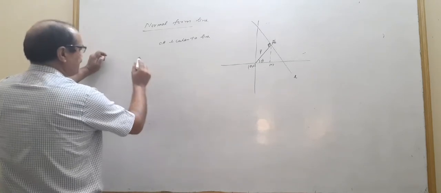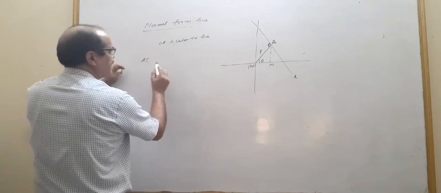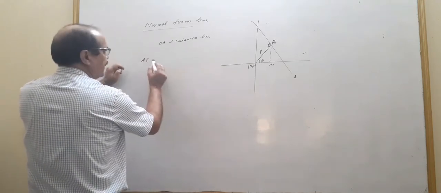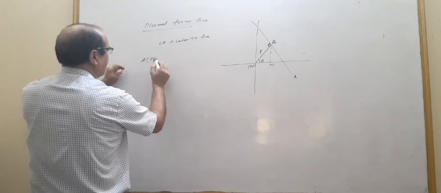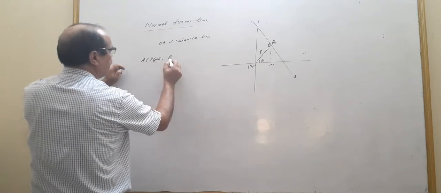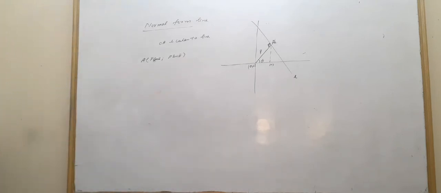Now, the coordinates of A will be P cos theta and P sin theta. I think you can find the coordinates of the point.